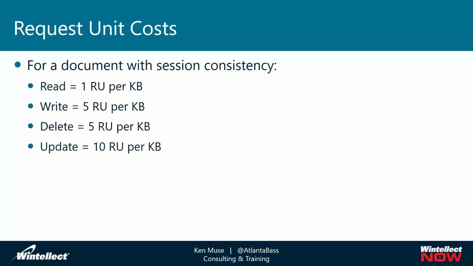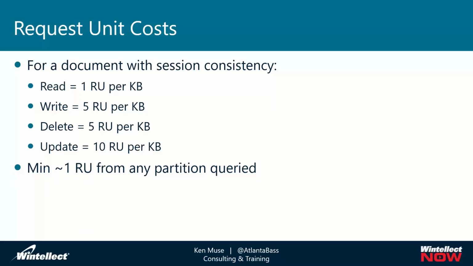Updates are a little bit unique in that they need 10 RUs typically to do a single operation per kilobyte of data. And the reason for this is that you're essentially doing a delete on the old record and a write of a new record. There's a read operation that occurs in there, but it largely rolls into the costs of the other two.